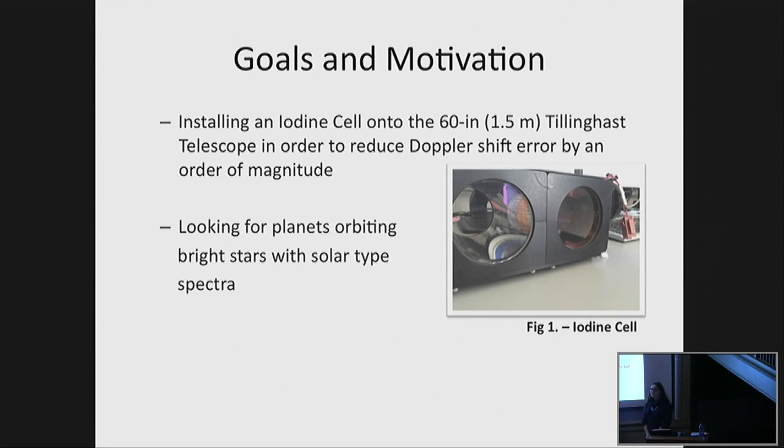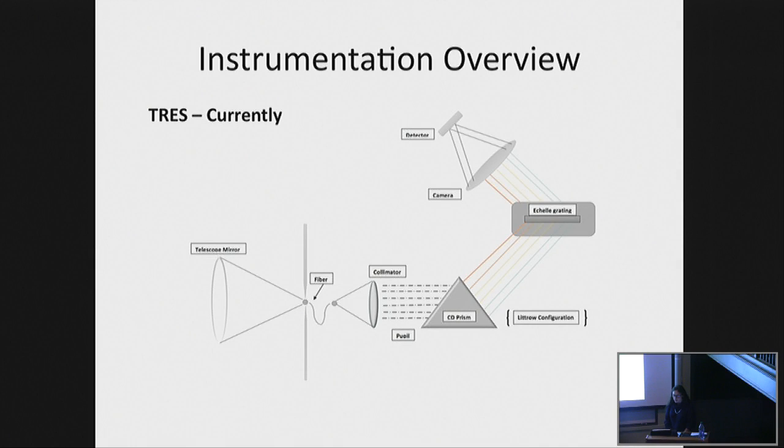And although the science motivations are many, one of the relevant science motivations is looking for planets orbiting bright stars with solar type spectra. And we'll go into the details of how the iodine cell will allow us to do so. But before, I think it's very relevant to understand what exactly is it that causes radial velocity measurement errors. So this is a schematic representation of the optics of how TRACE currently works.